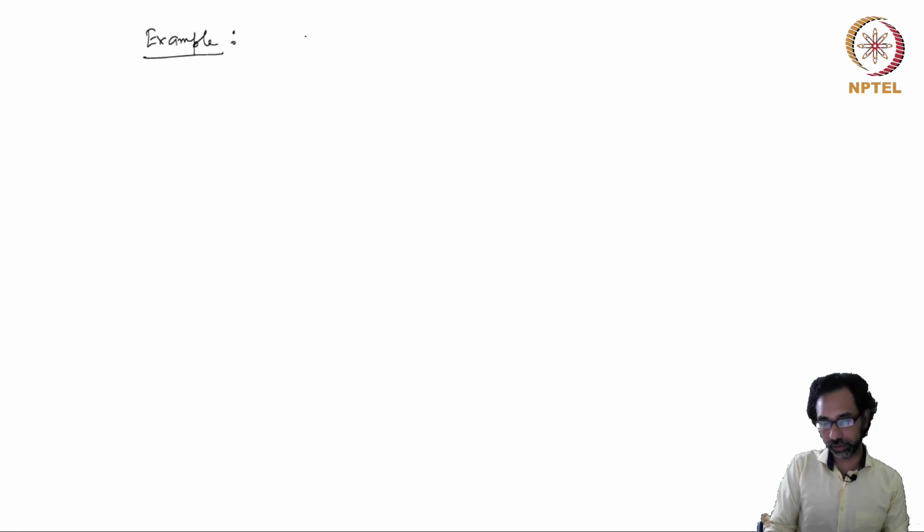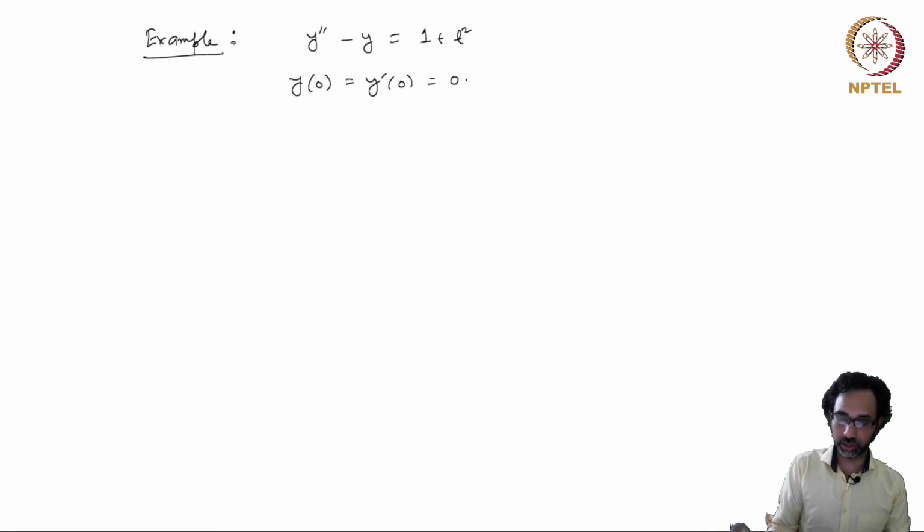So let me take the differential equation y'' - y = 1 + t^2, and I am going to take the initial values all 0. Note that here the initial values will be up to the first derivative because we have a second order differential equation.